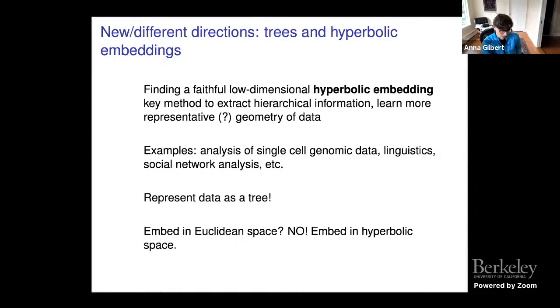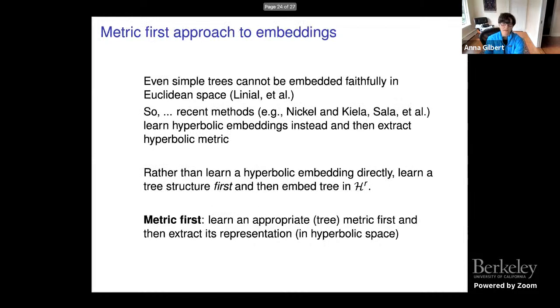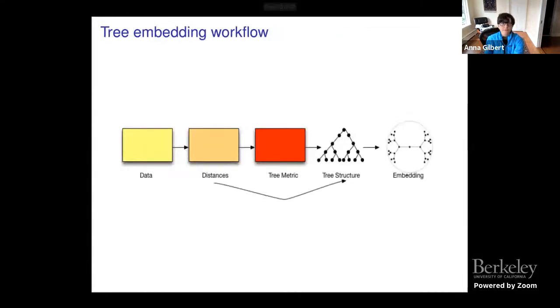And also at the same time, folks in single cell sequencing were looking at hyperbolic representations of single cell data. And of course, people have done this for linguistics and social network analysis. And so we came up with an algorithm called TreeRep, which tries to find the best tree representation of your set of distances. And so I'll end here with this picture.